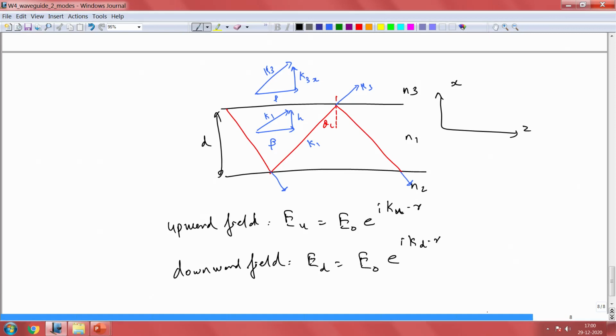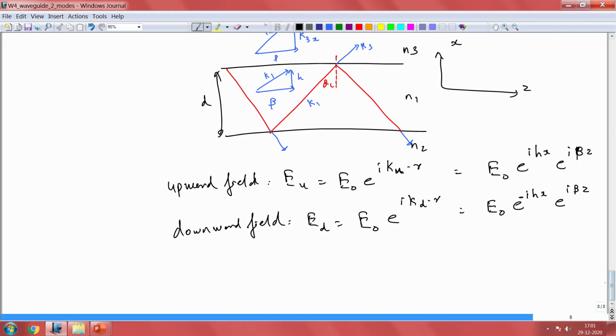So, what are this k_u and k_d? It is nothing but e to the power i h x, e to the power i beta z, and for the downward field this is not e to the power i h x, this is minus, because it is downwards, and then e to the power i beta z.